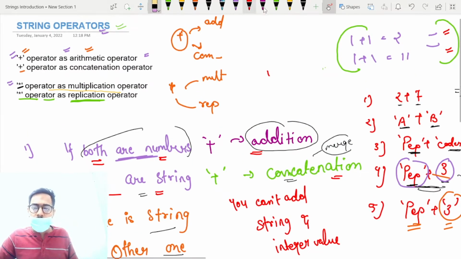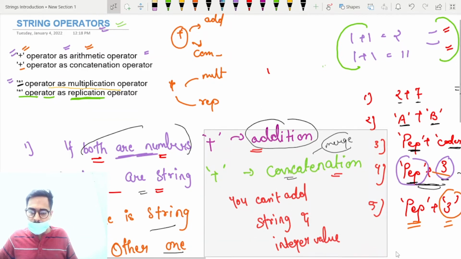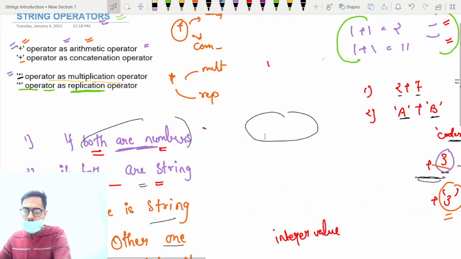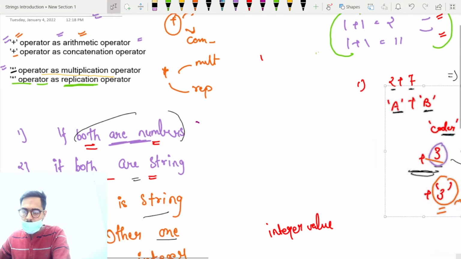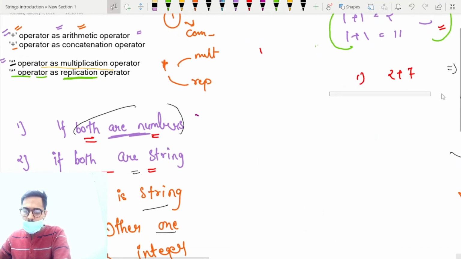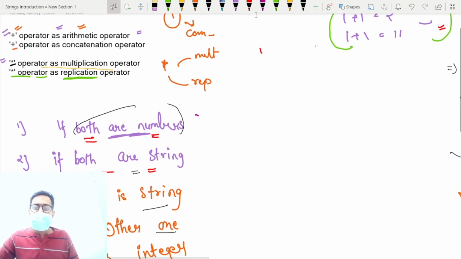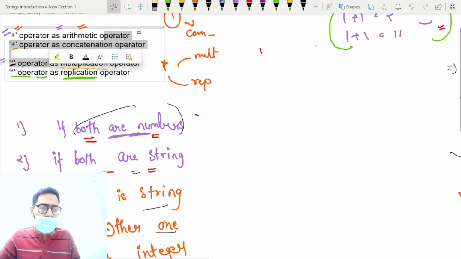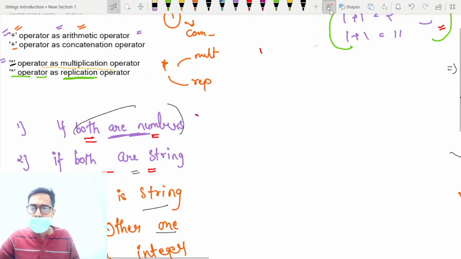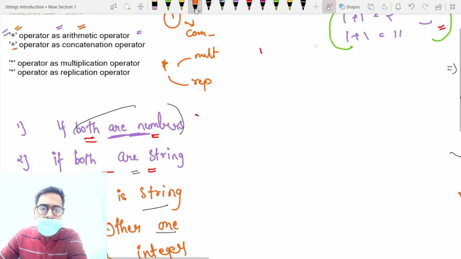Now let's move to our second operator, and that operator is the multiplication one.